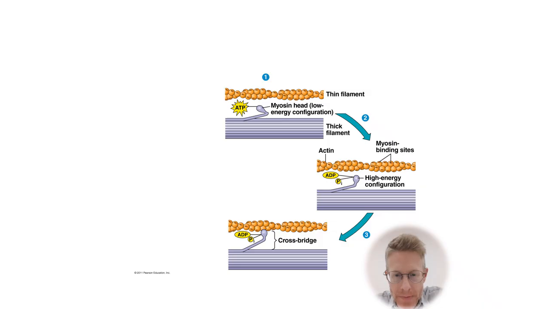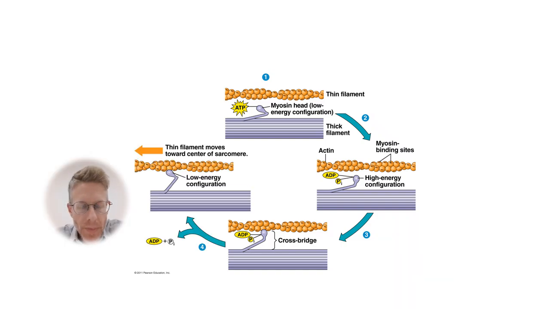Then a cross bridge forms between the myosin head and the actin filament. So the myosin head can bind now to those myosin binding sites on the actin filament, forming a cross bridge. Then the ADP and inorganic phosphate are released. Now, depending on the source you look at, this might be described in a more detailed way with the phosphate being released first at a different time.